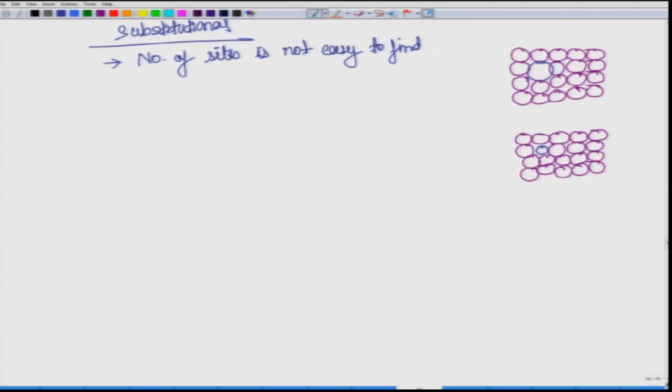What we are seeing here, there are strains like this which are compressive in nature. So, it is compressing all the atoms around it. Over here the strains are tensile in nature, the atoms are getting pulled apart. So, over here we have tensile stresses, over here we have compressive stresses.